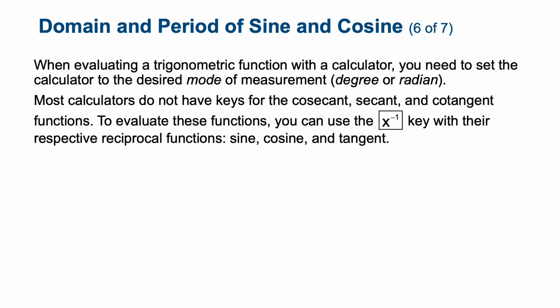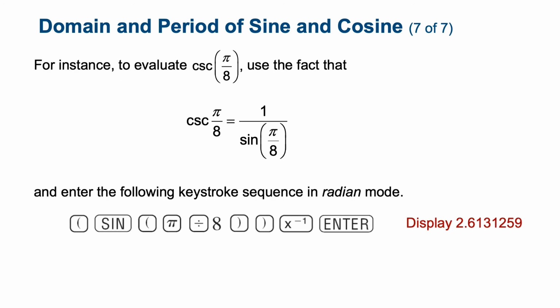Let's talk about calculators. A lot of calculators don't have cosecant, secant, and cotangent. So we have to either use the x inverse key or just write 1 over in the calculator. For instance, say you want cosecant of pi over 8. You're actually doing 1 over sine of pi over 8.